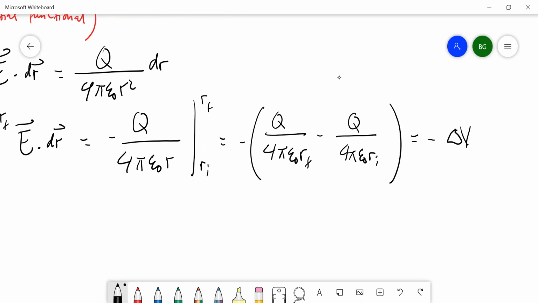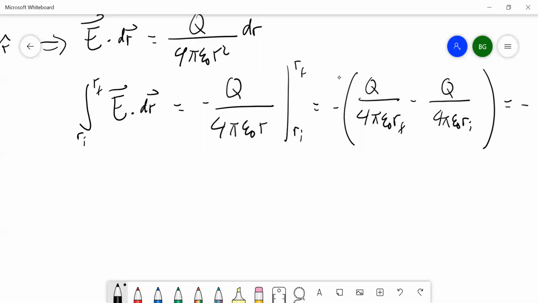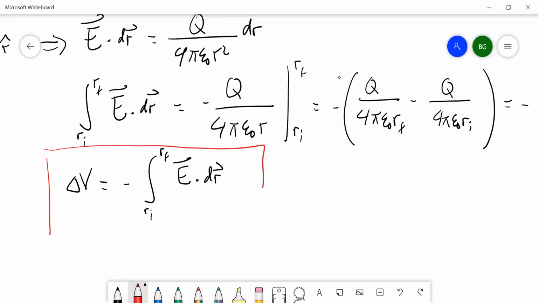Okay. So that's why in general, the definition of the potential is minus the integral from Ri to Rf. This is the definition of the potential difference, V of Rf minus V of Ri.